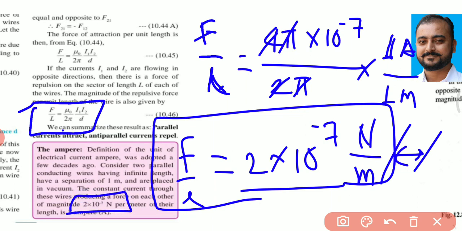It comes from a simple consideration: the current flowing through each conductor is 1 ampere, the two conductors are kept parallel at a distance of 1 meter, and the force acting per unit length is 2 into 10 to the power minus 7.